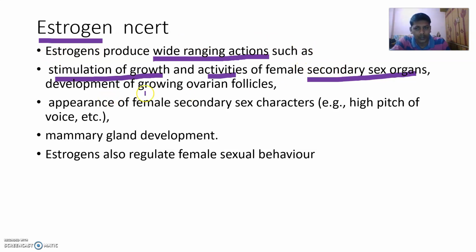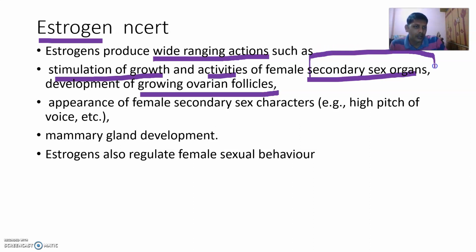Female secondary sex organs include the development of growing ovarian follicles. What are the female secondary sex organs? Fallopian tube and uterus. These are the female secondary sex organs.